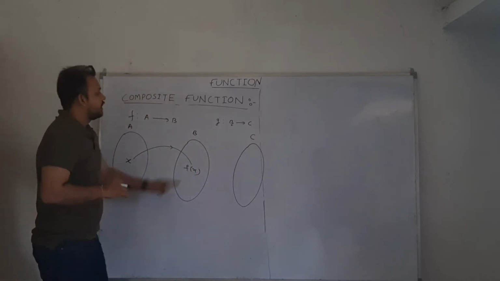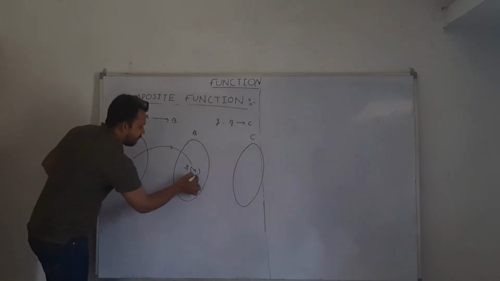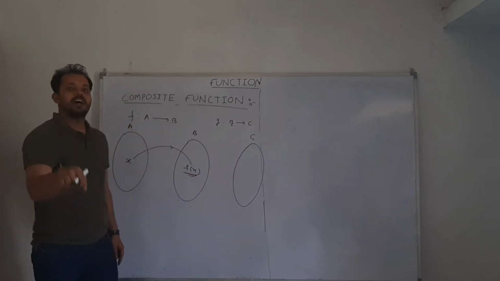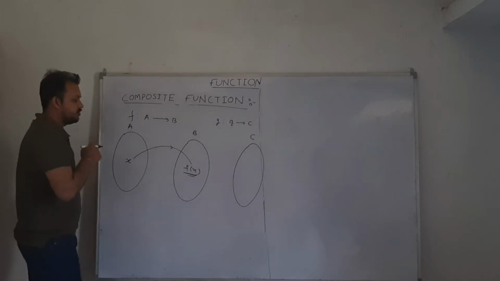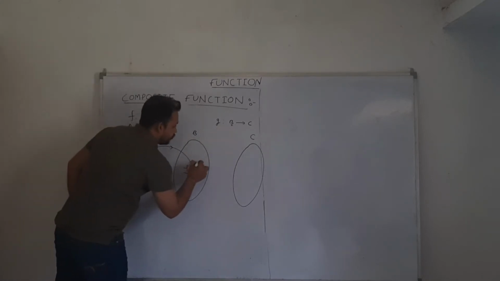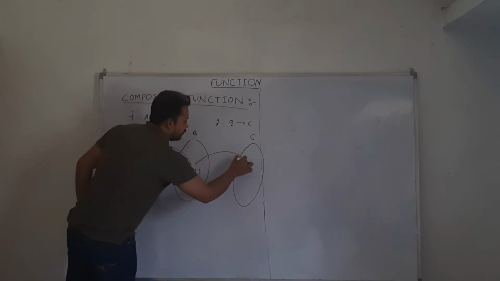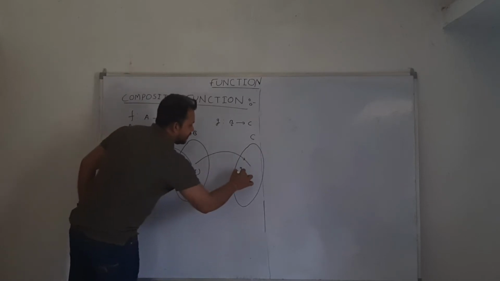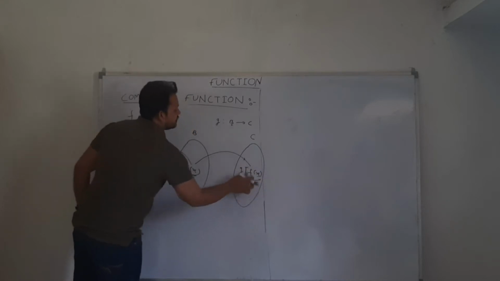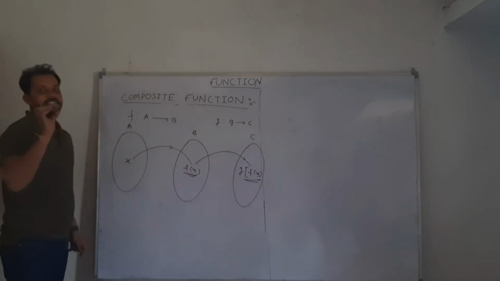So now in function g, this f(x) will act as an element of the domain. That means when we put this f(x) in this function, we get the value g of f(x). This g of f(x) is an element of set C.